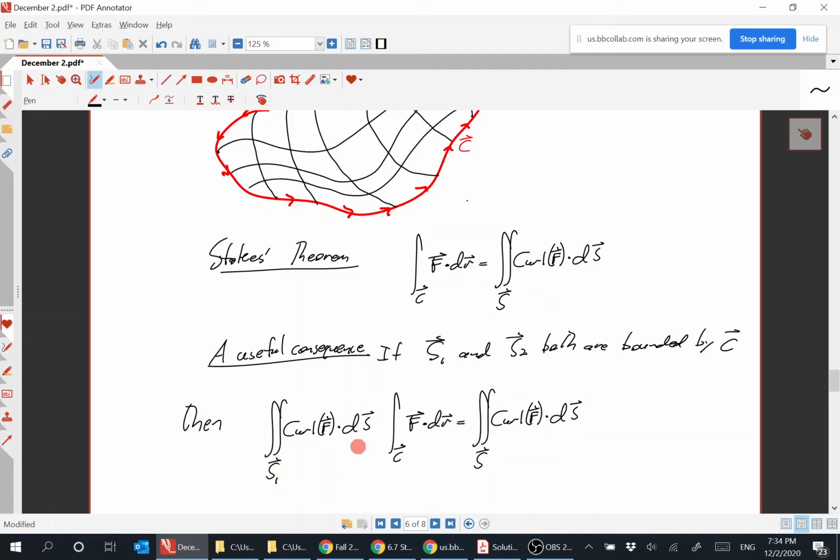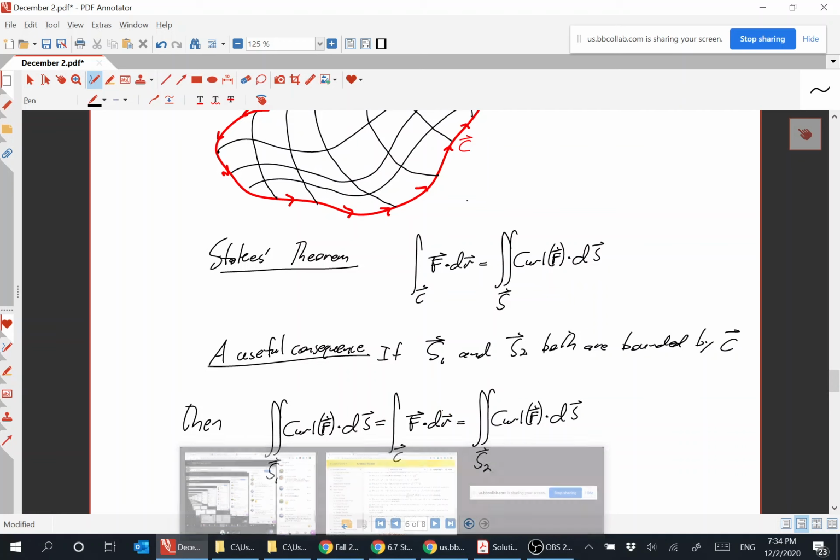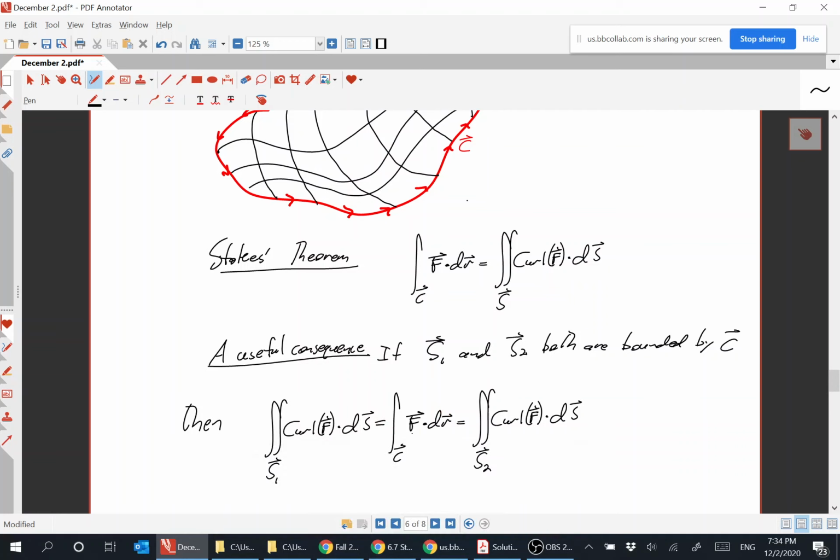So if this is surface 1 and this is surface 2, well, they're both equal to the line integral over C, right? Because the surfaces both have the same boundary, and we used that several times in a lot of the homework problems, where the problem said, well, the surface is this half a sphere, or the surface is this paraboloid, where the boundary is this circle.